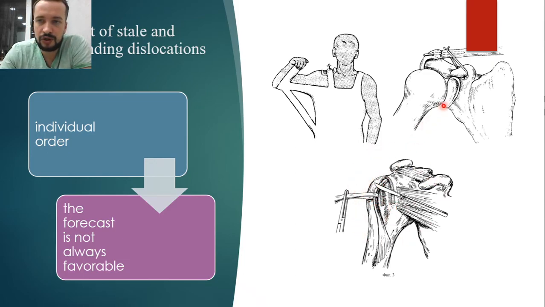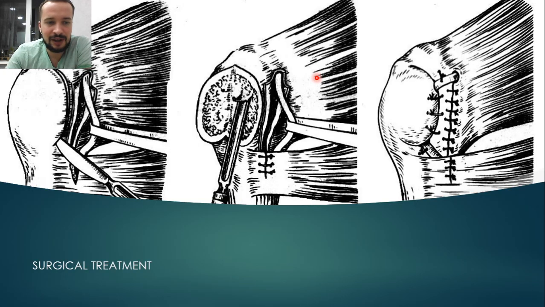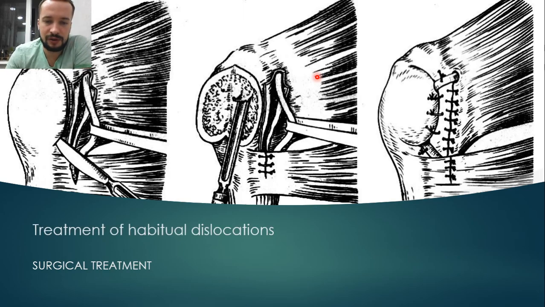We will do an operation. Sometimes we use an interesting plaster cast with some really interesting mechanism. I never see it because often we use just operation. Okay, and patients with habitual dislocation are recommended surgical treatment.